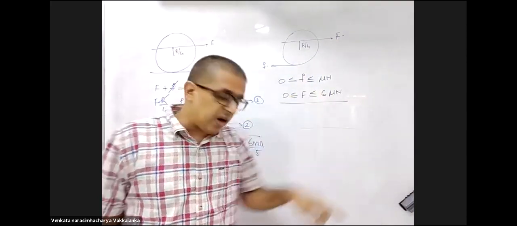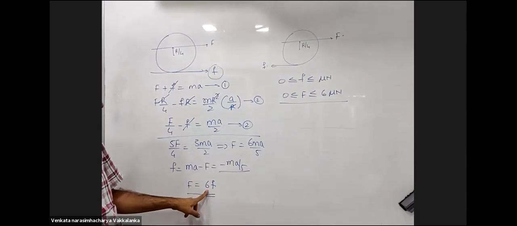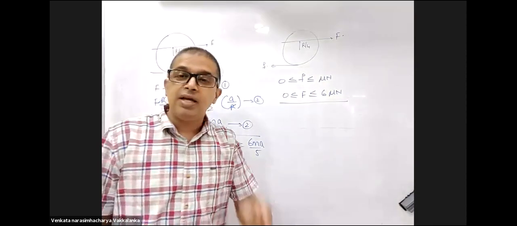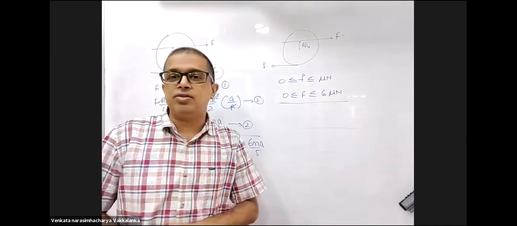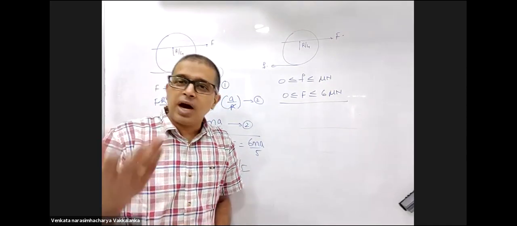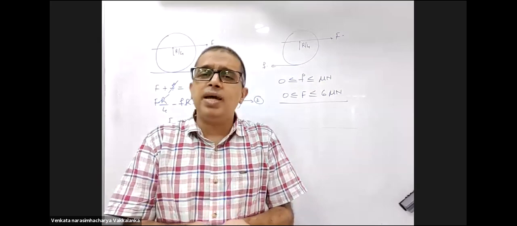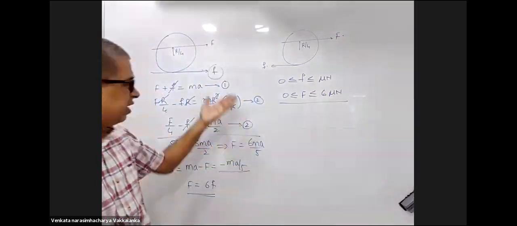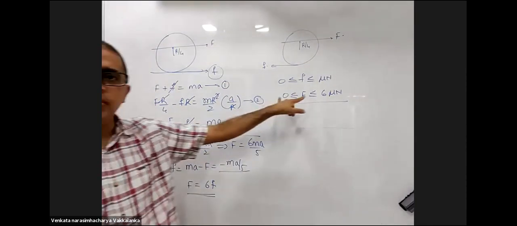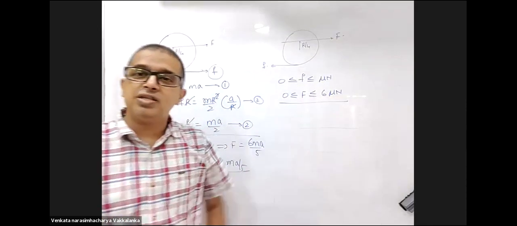Friction will become 1/6 of the force applied if you are applying the force at a height of r by 4 on a disc. Now r by 4 can be changed to r by 8, r by 6, r by 7. You can give any value. The procedure will be the same and your calculations will be the same.